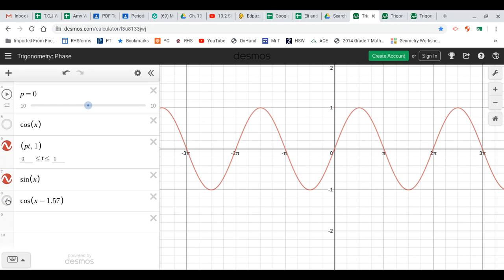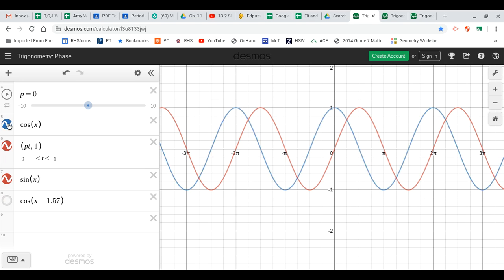So this blue function right now is a cosine function, but it's not a basic cosine function with a phase shift of 0. That was this one, okay? When we put a minus pi over 2, or the equivalent of 1.57, it took it to the right that amount and made it overlap the sine function.